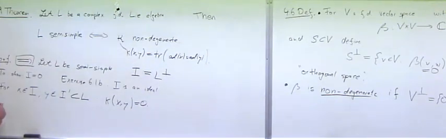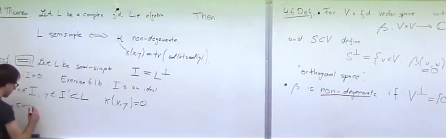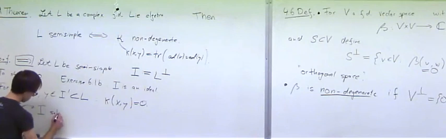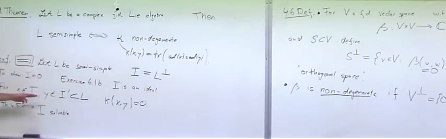And then this was Theorem 4.5. This was the criterion for solvability. So I is solvable. Right, this was exactly the condition we had to prove.